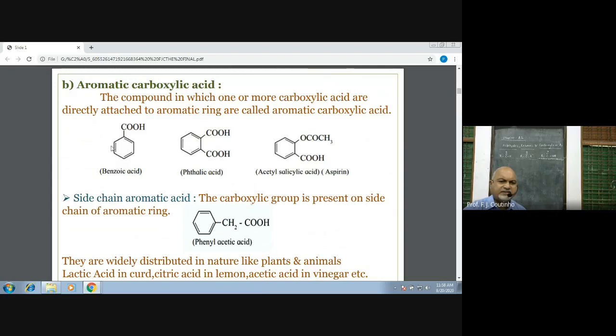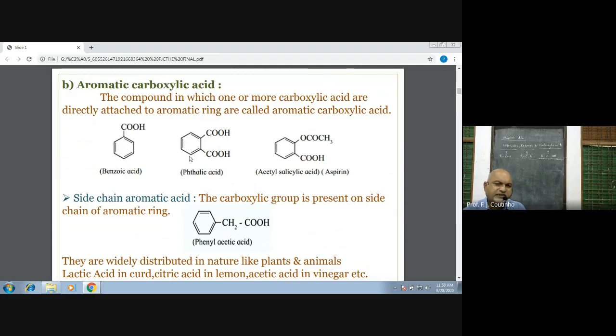Now here in benzoic acid, this is a benzene ring and there is only one carboxylic group, and that's why we call it benzoic acid. Now in this case, there is a benzene ring. If it is only one carboxylic group, it could be called benzoic acid. But the very next could be on this carbon or this carbon. We call this the ortho position. If you consider this one, this is ortho, this is ortho. So the carboxylic group could be here or maybe here also.